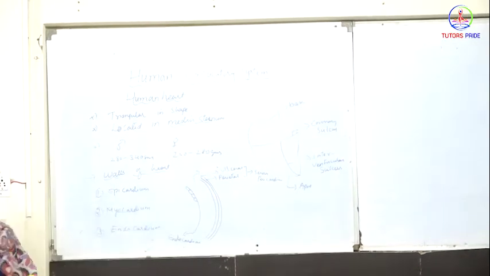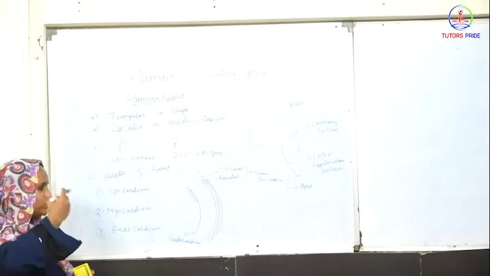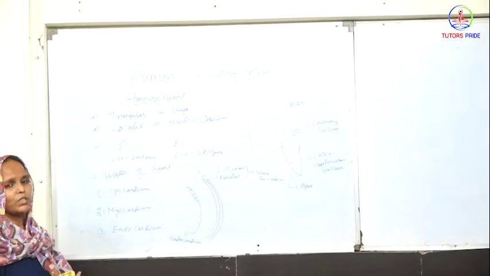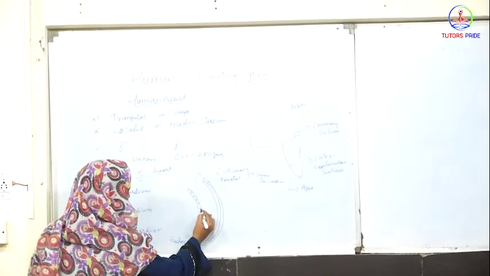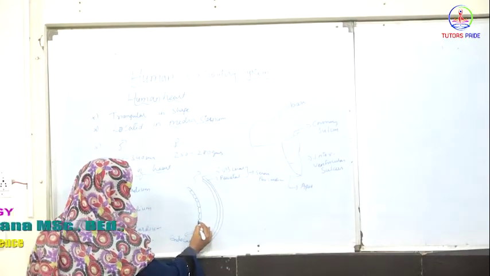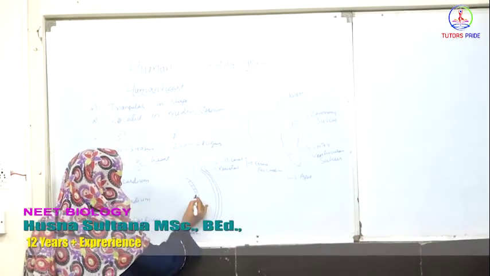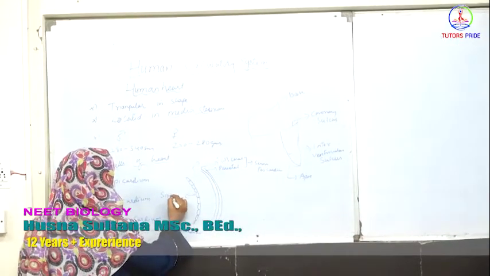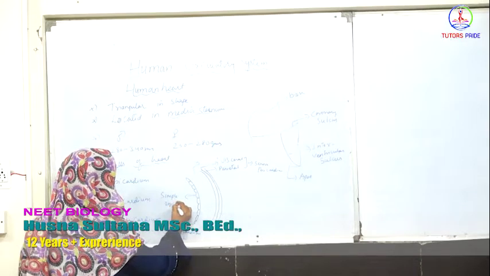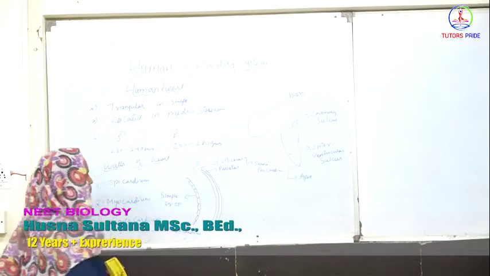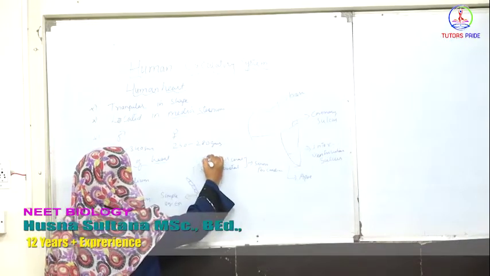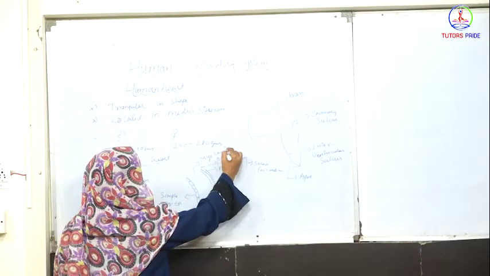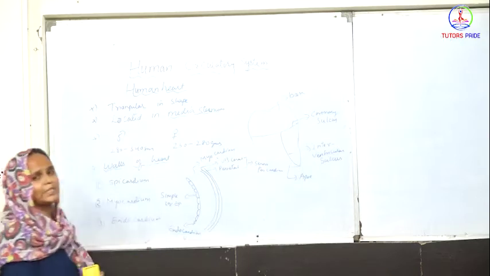Whenever we are discussing the layers, we must be particular about the type of tissue or the type of cell it is made up of. So this is made up of simple squamous epithelium. Now the middle one is the myocardium, and it is the thickest one.